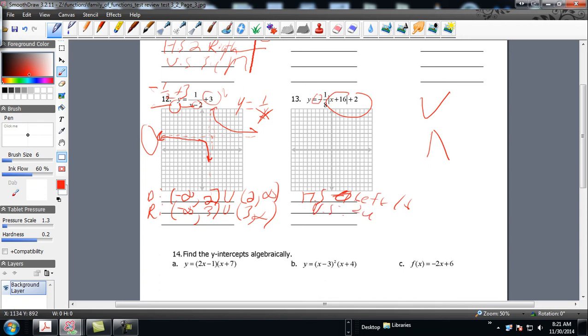and vertical is 2 up. And you look at this one now, you have a reflection across the x-axis, and that's because of the negative sign. And you have a vertical stretch. If the number is less than 1, remember, it is a vertical stretch. If it's greater than 1, it's a compression.